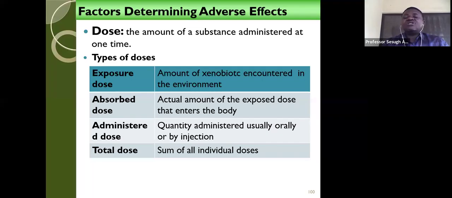So it is not completely true that higher dosages will produce higher adverse effects.